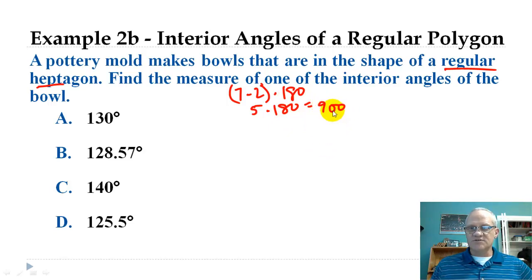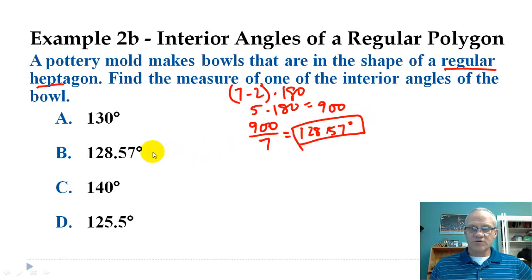So there's 900 degrees total in a heptagon. And so since it's regular, all we do is 900 divided by 7. And it looks like that's going to be, with rounding, 128.57. Which looks like it would be answer B, and it is 128.57 degrees. Of course, we did have to round that slightly. All right, good.